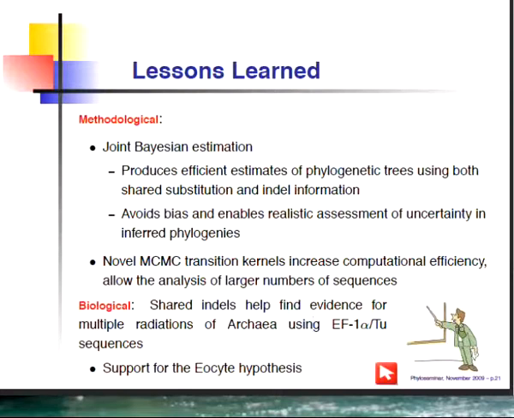And at least from a biological perspective, we're finally able to statistically incorporate the shared information of that indel that Jim sort of ad hoc pulled out of nowhere and became very contentious in the early 90s, and actually say it does provide good evidence for the eocyte hypothesis. It also starts to provide evidence for multiple radiations of the archaea. So we might not even exist in a four domain world, but maybe a much higher domain world.